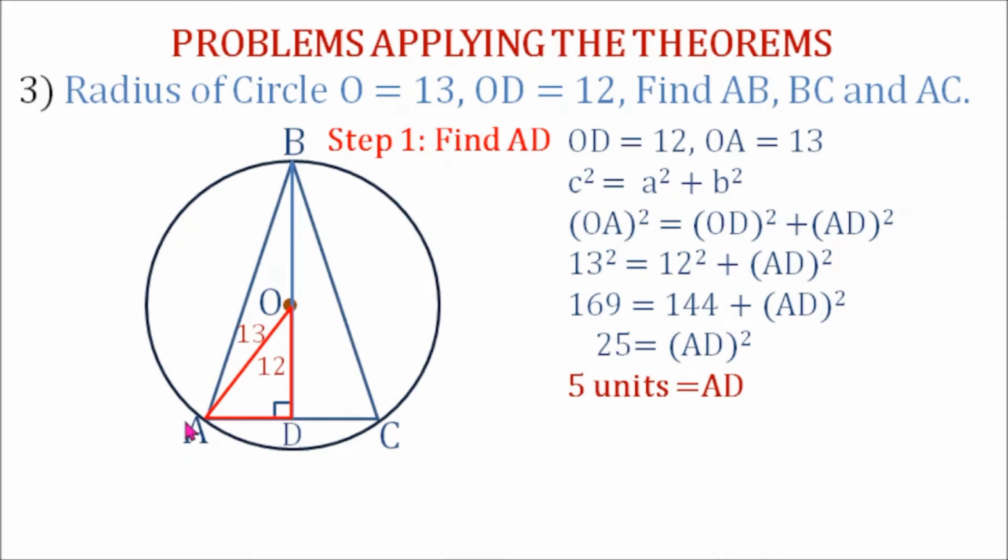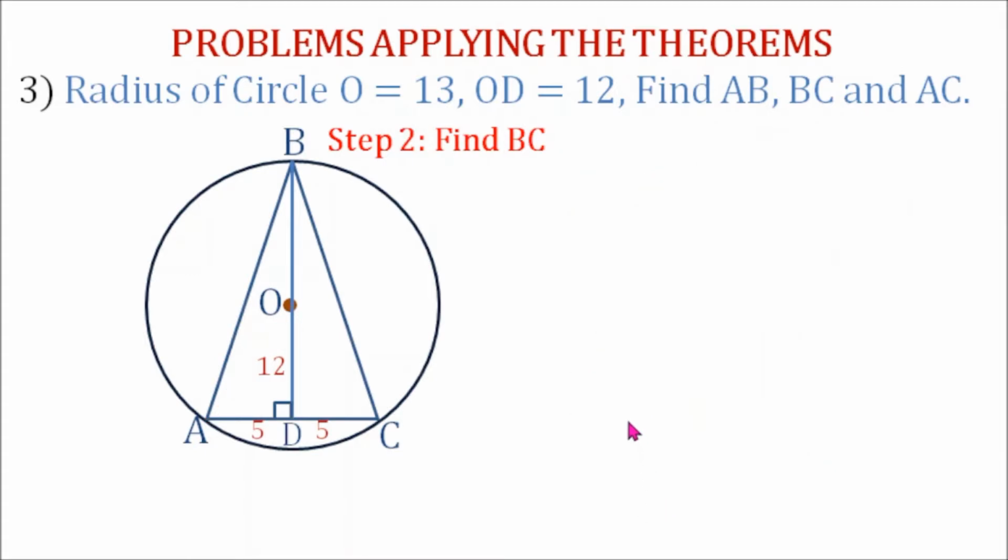So this means AD equals 5 units. Now since AD equals DC, we can say that AC equals 10 units.